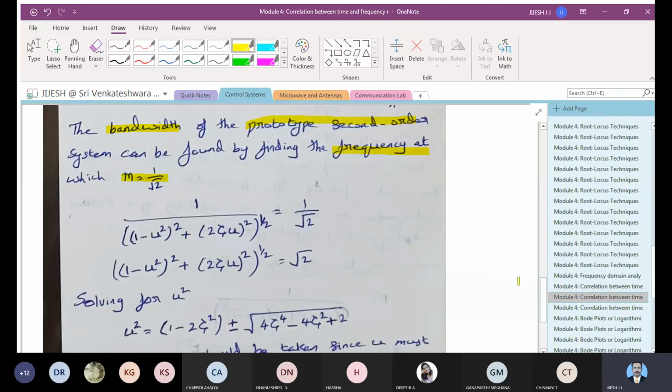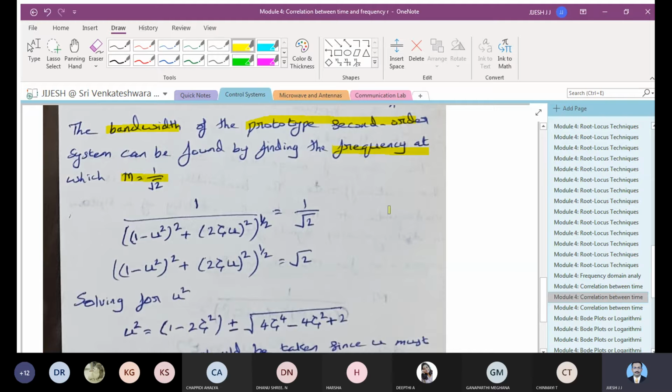So when we talk about the bandwidth of the prototype second order system, we can find the frequency at which M is equal to 1 by root 2. So what is the equation for M? What we have written for M before? We have already written that it is 1 divided by the root of (1 minus u square) whole square plus (2 zeta u) whole square, which is equal to 1 by root 2.